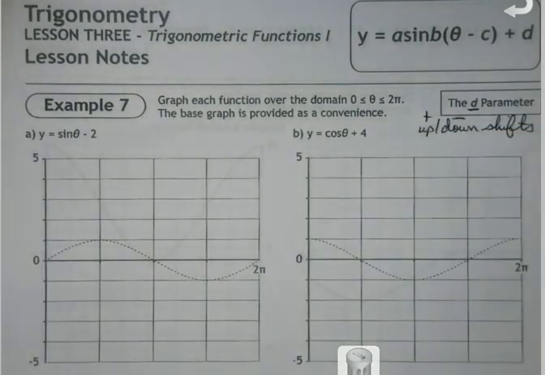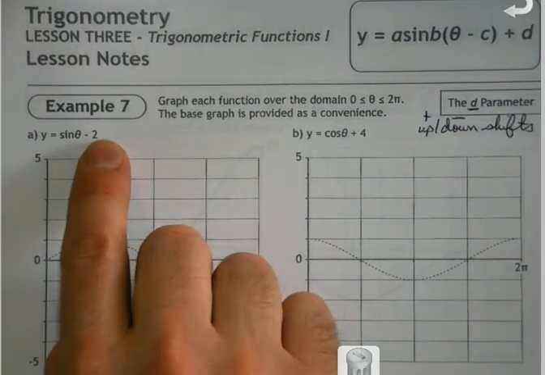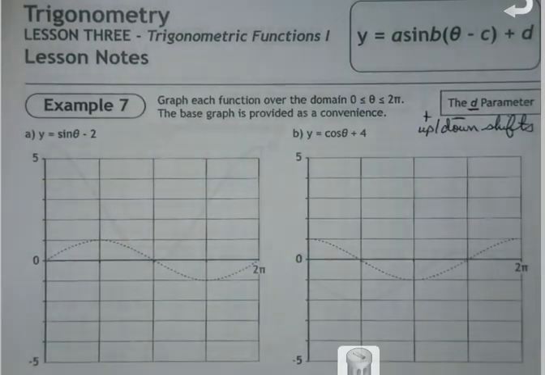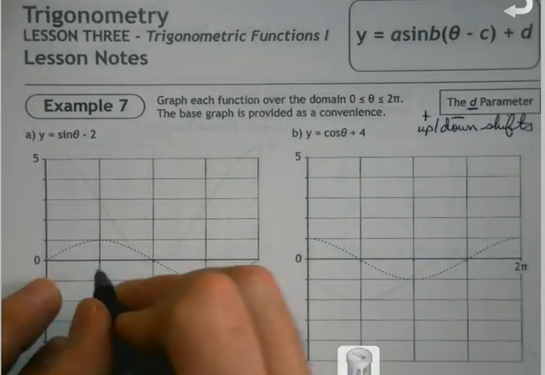Just like before when we graphed parabolas, square root functions, logs, all of those, we had an up or a down shift if the value was outside the parentheses hanging out at the end. So again, you'll notice on these, the base graph is provided to give us something to work with. We're still not having to mess with these yet.